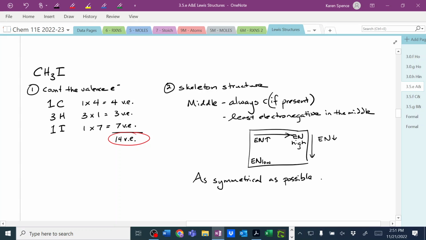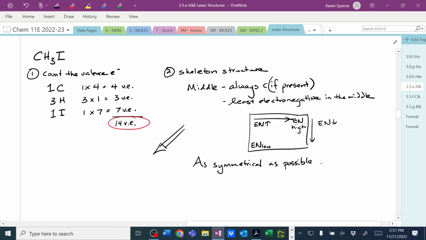Our skeleton structure then, I'm going to draw it over here so that we can see everything all at once. Who's going to go in the middle? Carbon. And then we are going to draw lines, each of which represents a single bond.